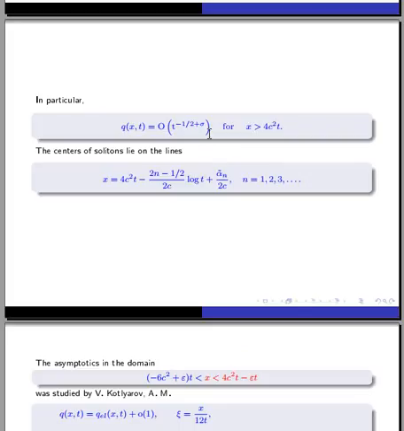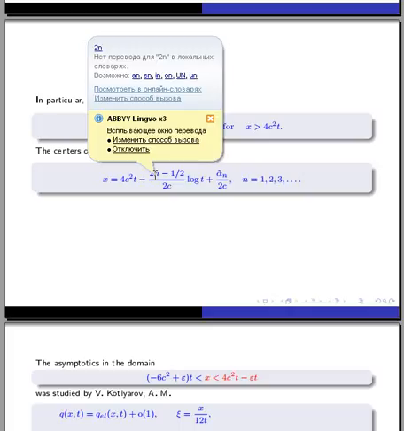We see that each asymptotic soliton has a center on the following logarithmic line. So again, we see that this is a good choice of parametrization. And each n describes here a new soliton.